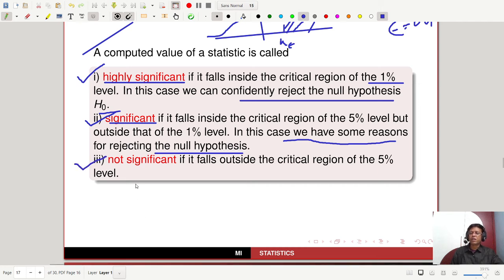And number three, not significant if it falls outside the critical region of the 5% level. So these 3 points are very, very important.